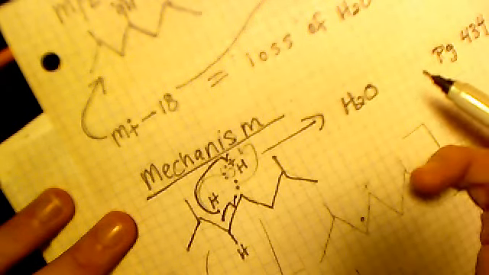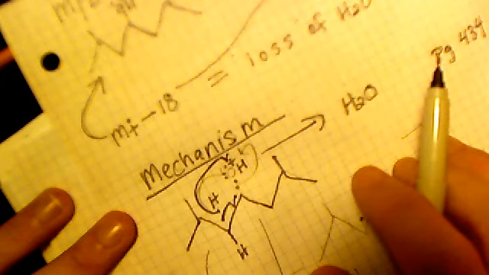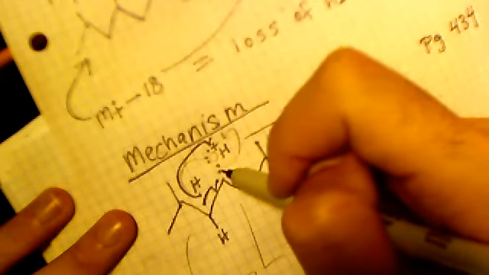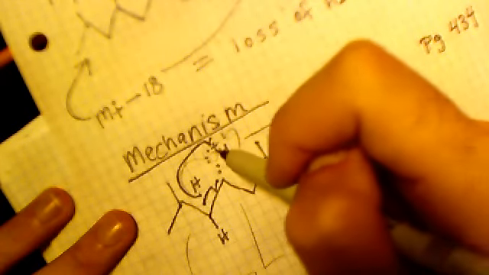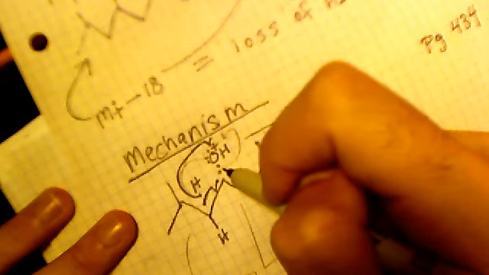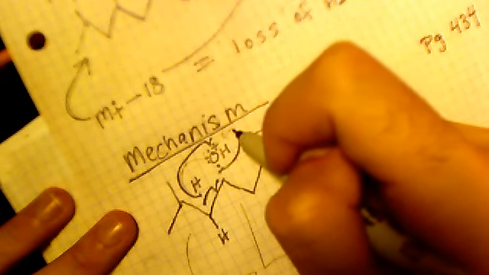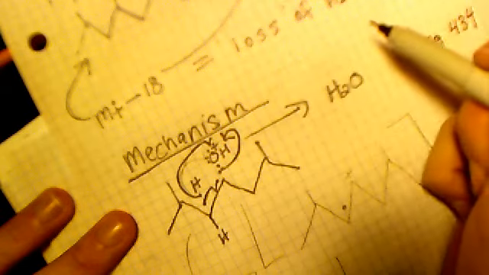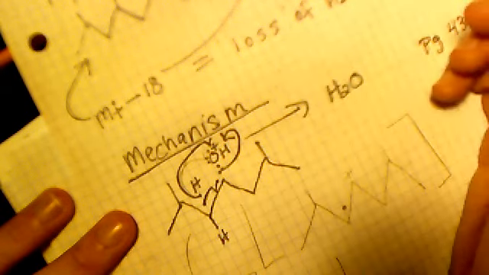But before it can break off and become water, this carbon to oxygen bond needs to give both of its electrons, so it's a double-barbed arrow, and then it breaks off.